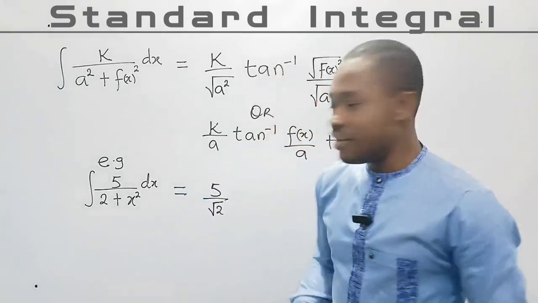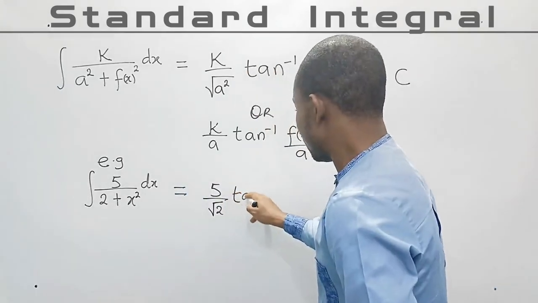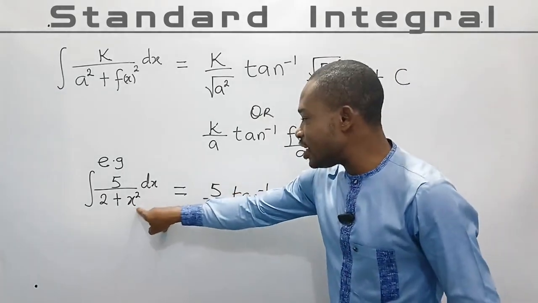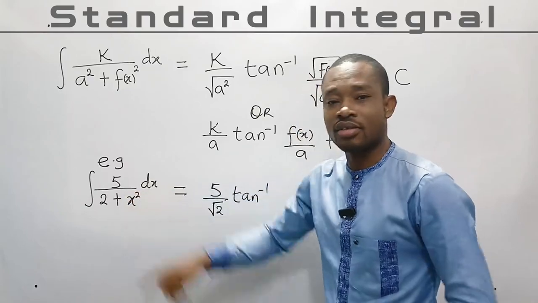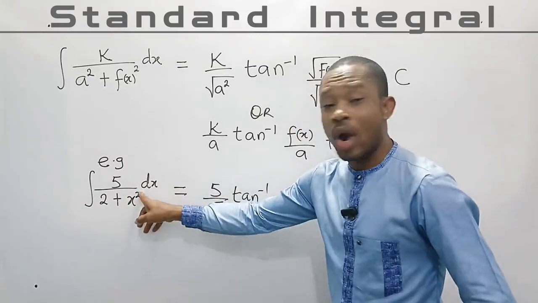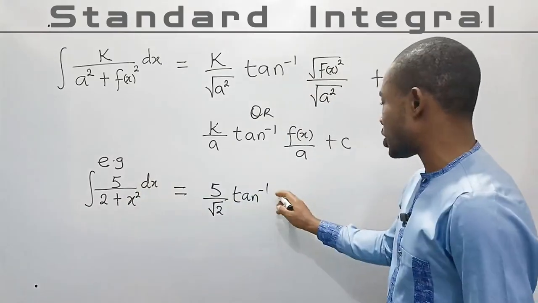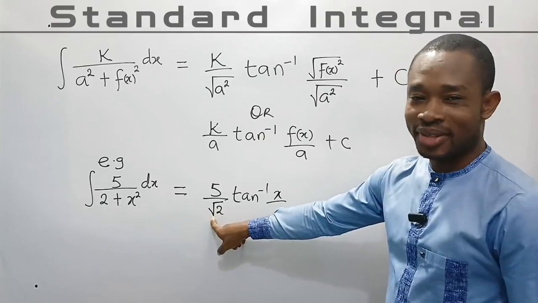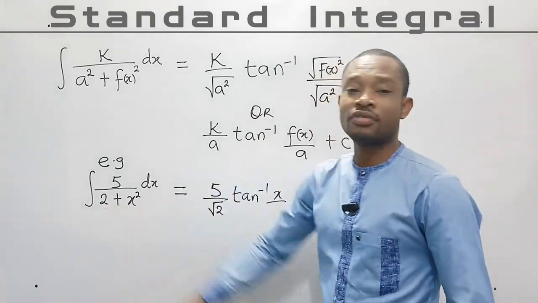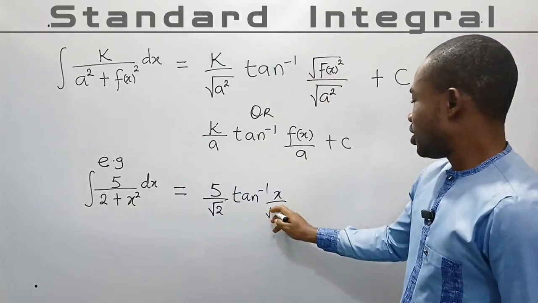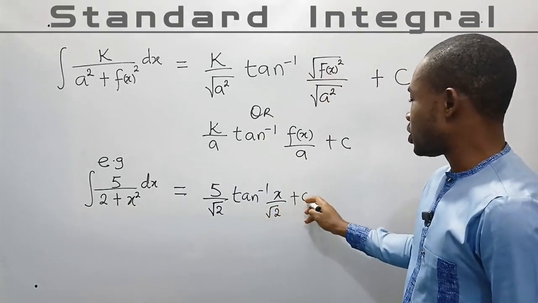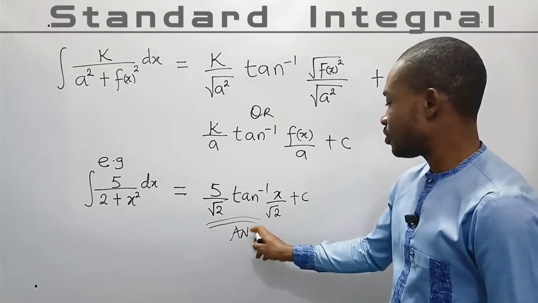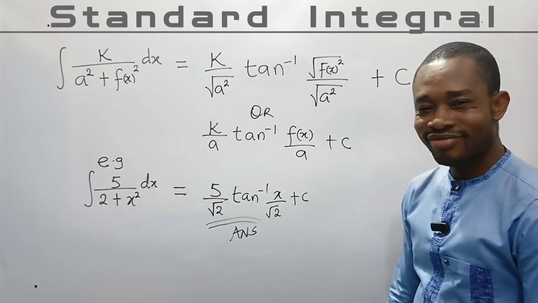And then next, tan inverse of the square root of this whole function of x. And the square root of this x squared, the square root will cancel that square, so you'll be left with x, divided by this same denominator here, that is square root of 2. Once you do that, you put your plus c. And this, of course, is our answer. Very simple, isn't it?